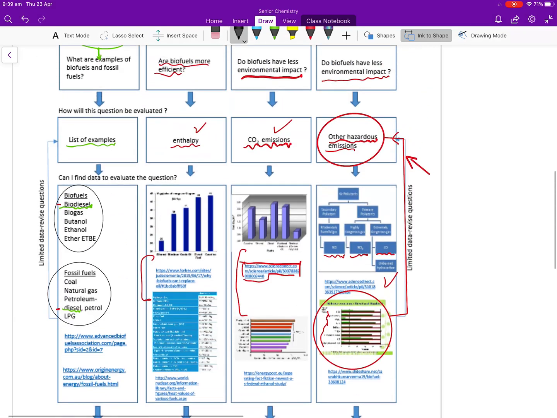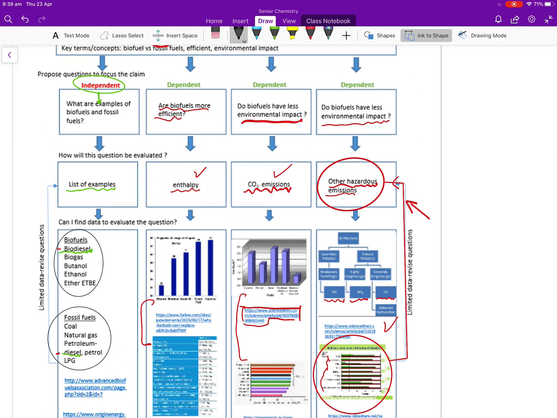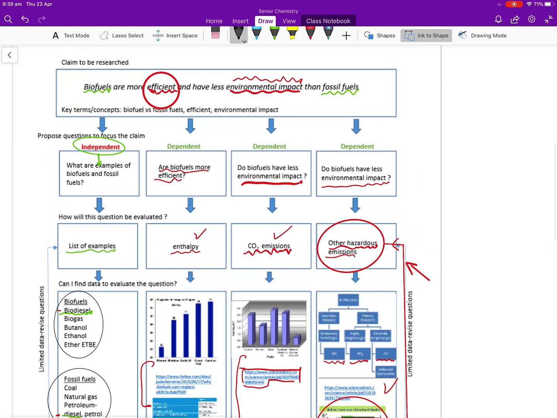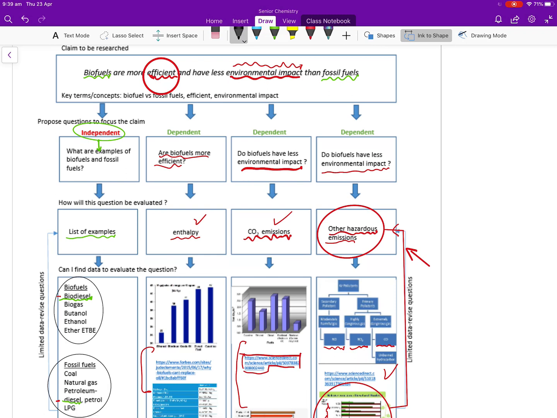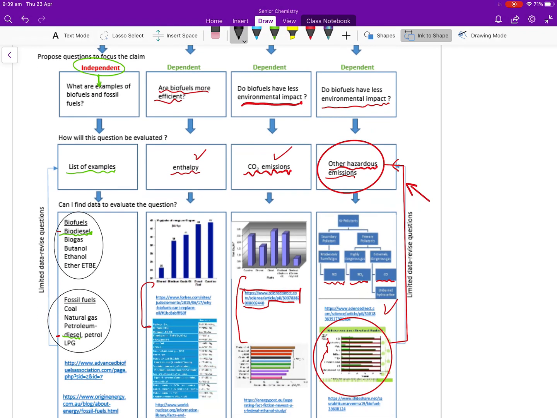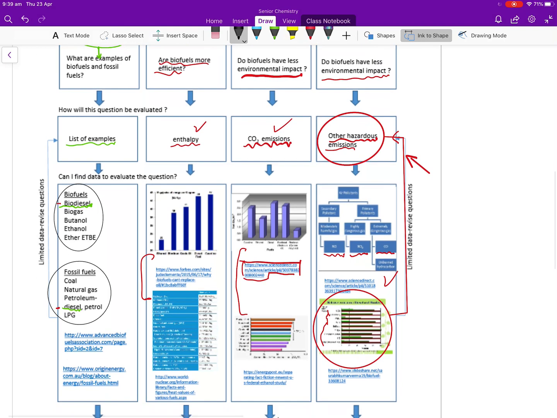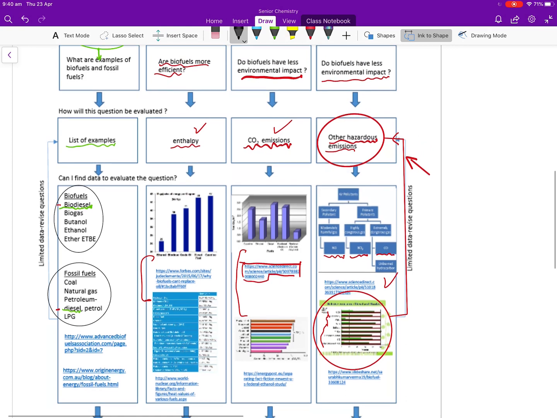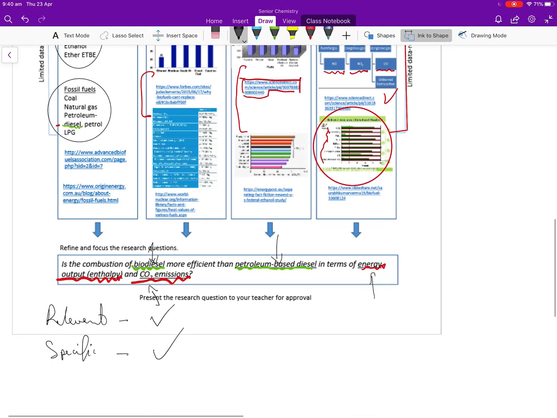So last thing I want to leave you with is when you're writing your research question, be flexible. Don't lock the question in and think that you have to use that question. Go through this process, find the data, find evidence to make sure that, yep, okay, I can find data to attempt to answer this question, and then refine and focus your research question.